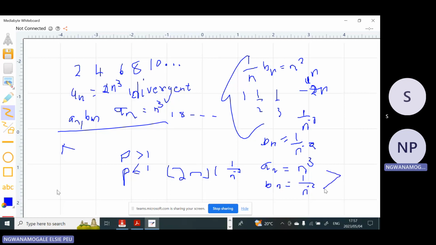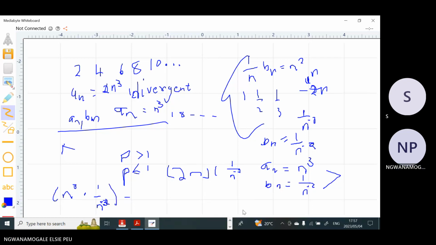When we multiply them, it's going to be n to the power 3 times 1 over n to the power negative 2, which gives us n. So n is still divergent. We didn't manage to get a convergent one. So it's going to be divergent.